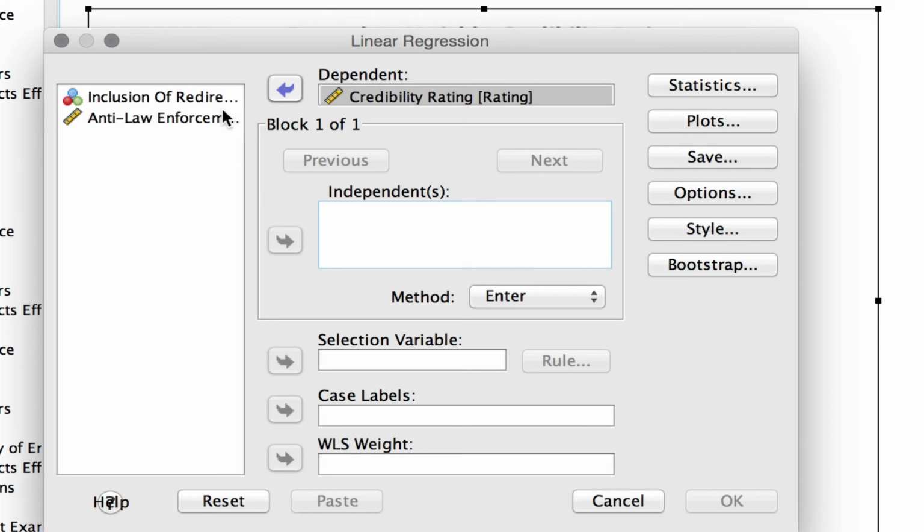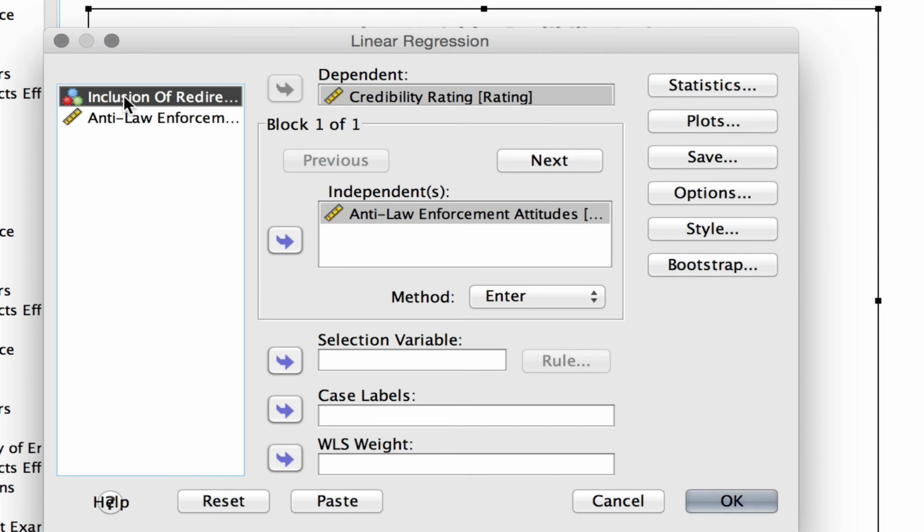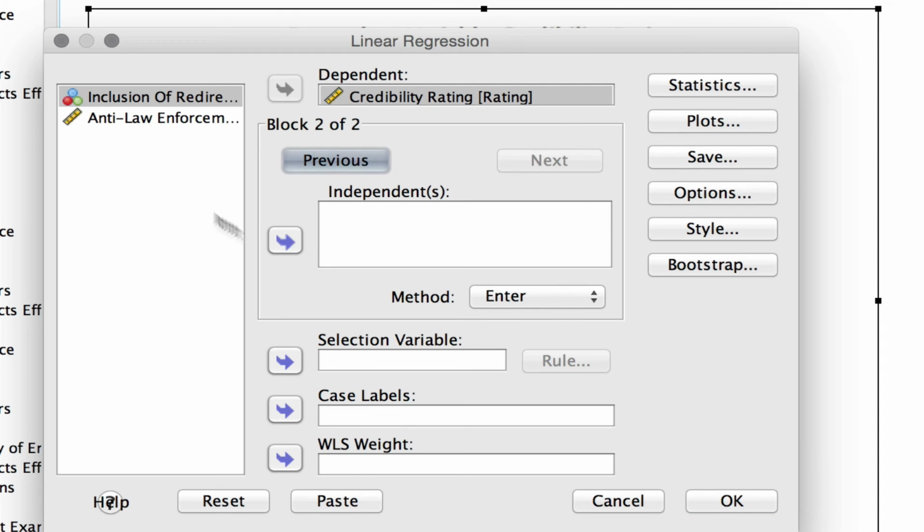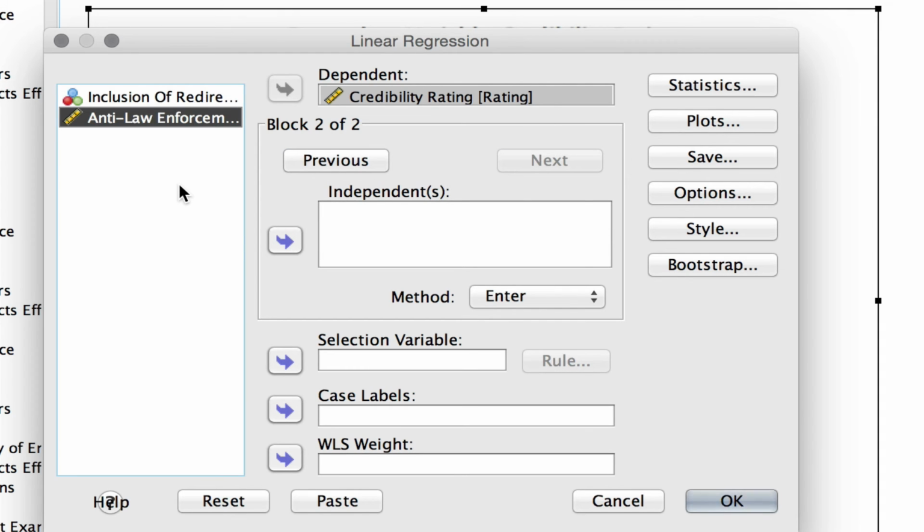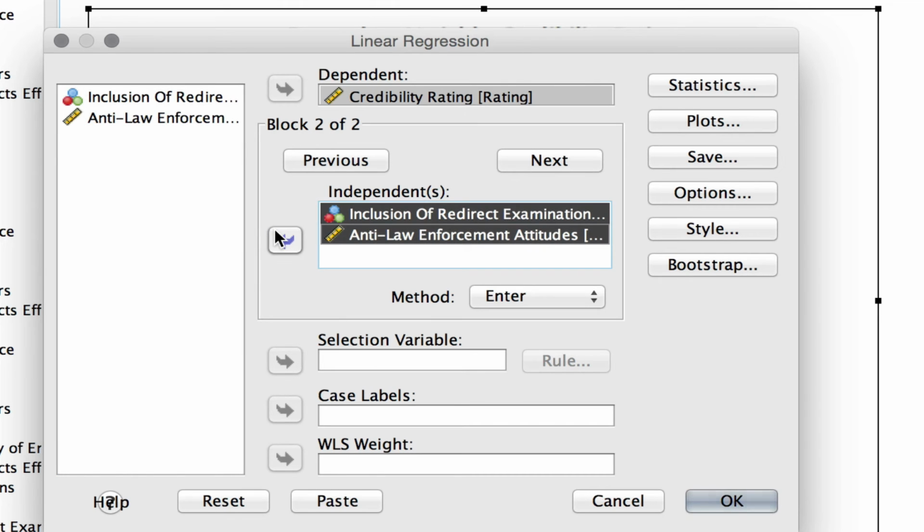So to do that, we're going to say the covariate goes in first, and then in our next block, we're going to put our experimental effect and our covariate in, and see the change in the amount of variance we can explain.